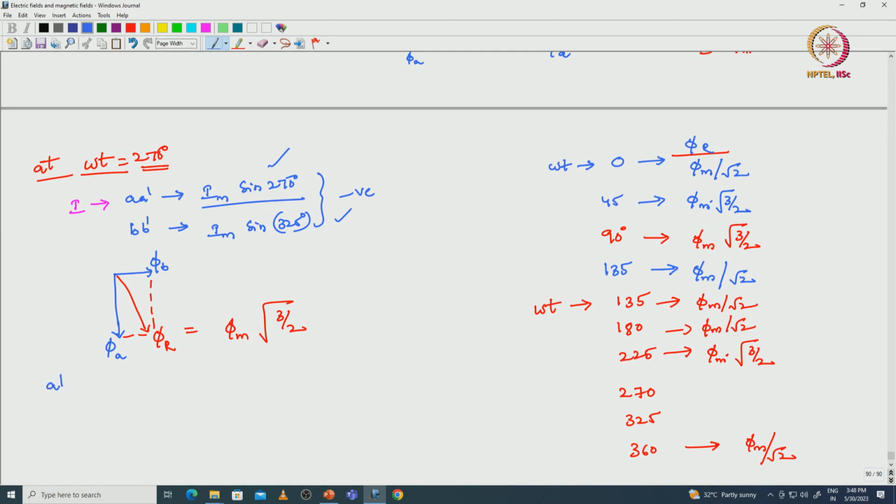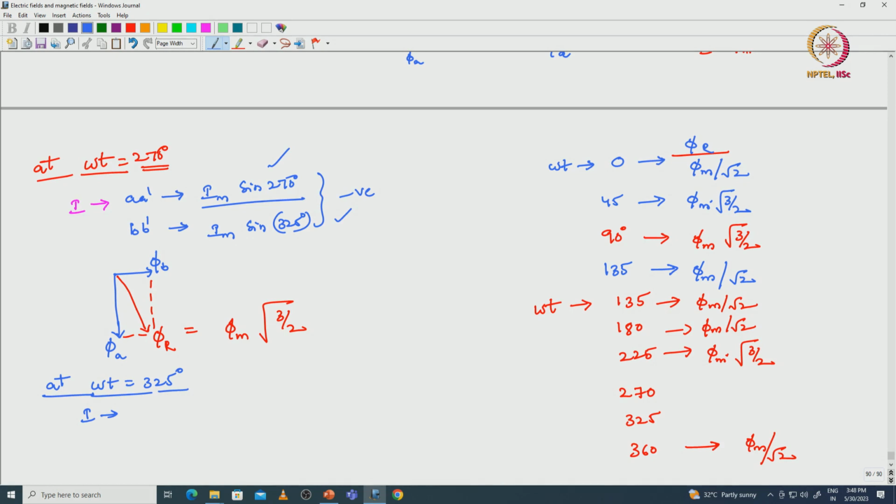At omega t equals 325 degrees, we will see the flux loop analysis. This is the last instant, so I will consider both the vector analysis as well as the flux loop analysis.